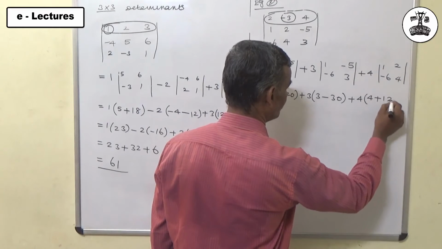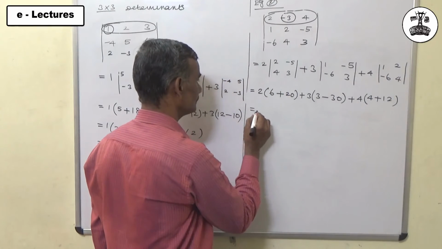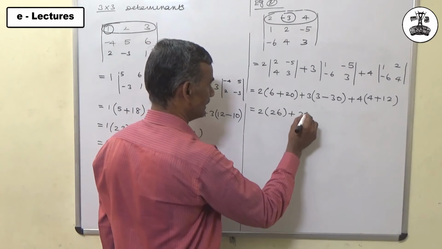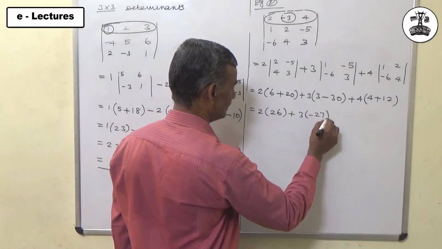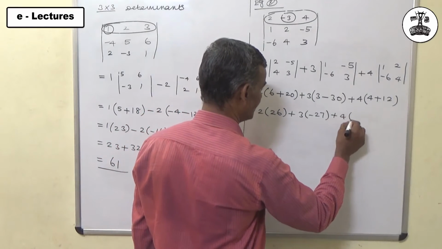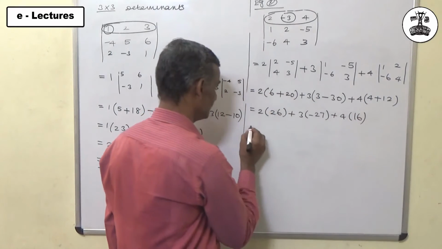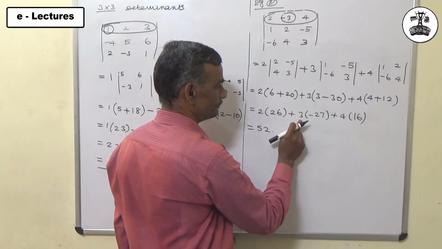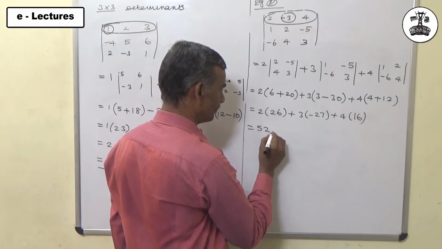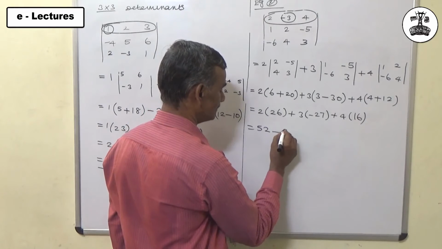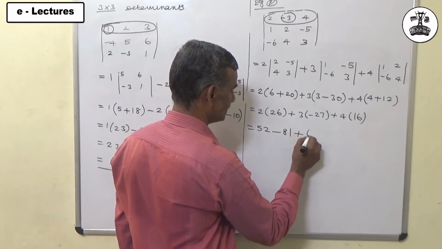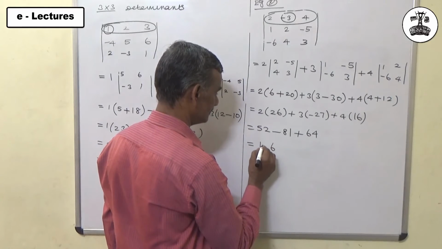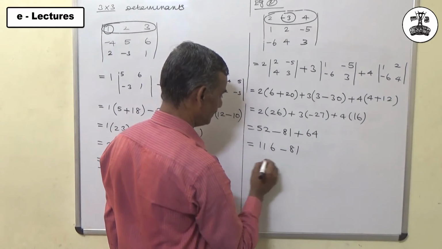So plus 12. 2 into 26 plus 3 into minus 27 plus 4 into 16. So 52. 3 into minus 27, so minus 81, plus 64, which is equal to 35.